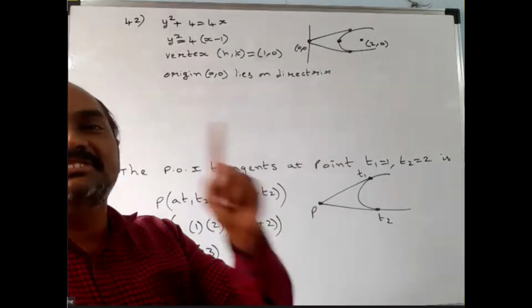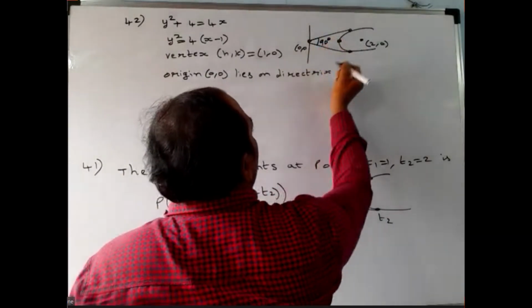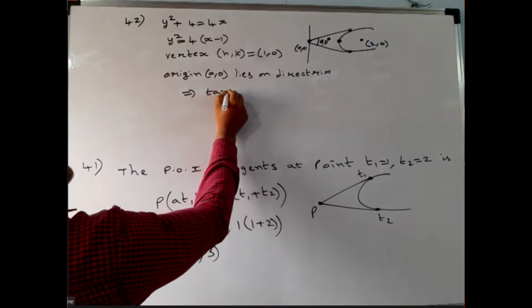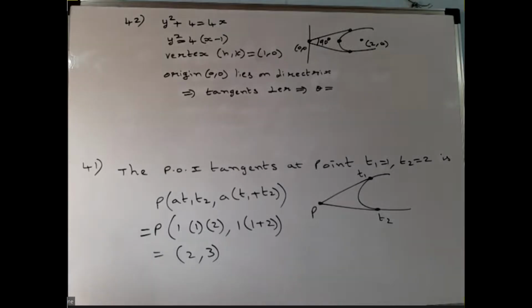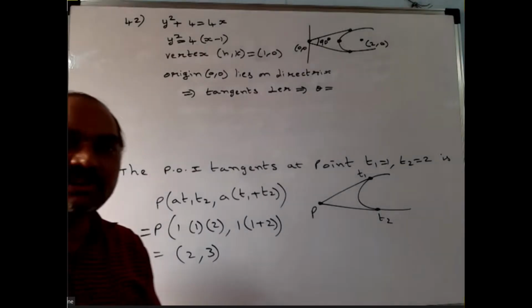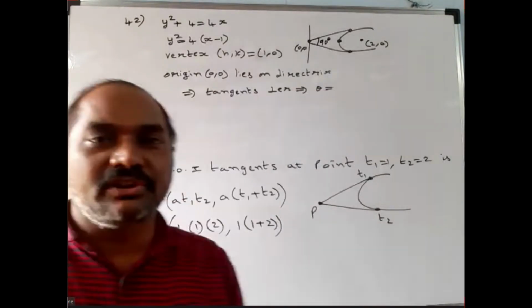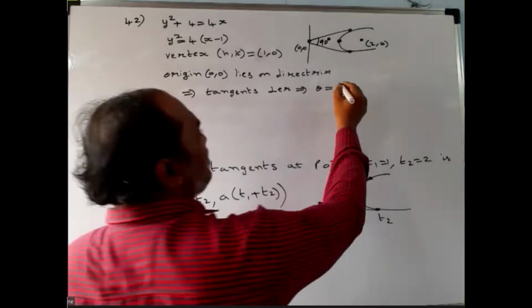Those tangents must be perpendicular. Then what about the theta value? Perpendicular tangents, theta is equal to, anybody? Sai Teja: pi by 2, sir. Understood or not?